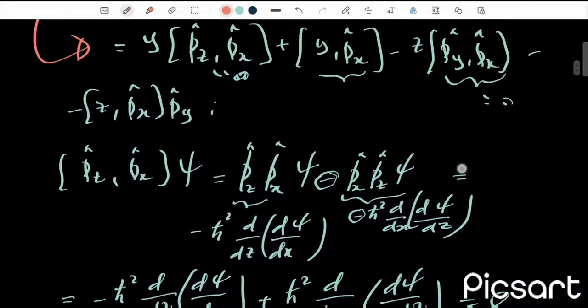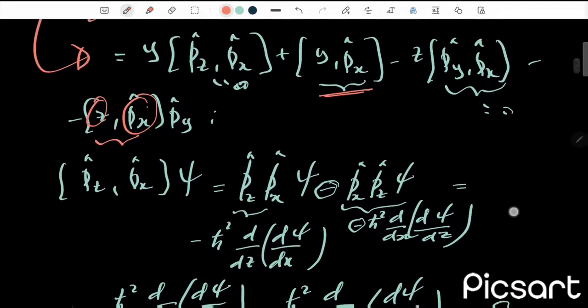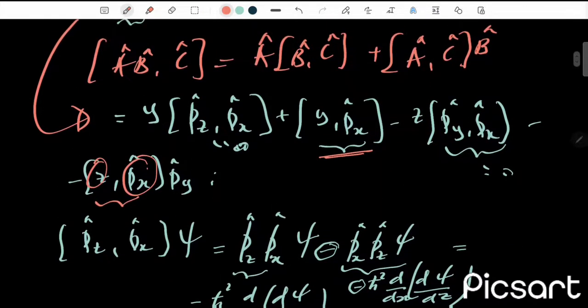Again, we can also analyze this term, where here we have z and here we have px, and we can see that it is the same situation as there, and we have 0.